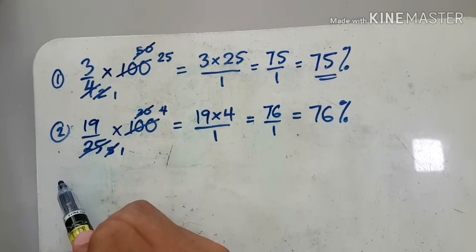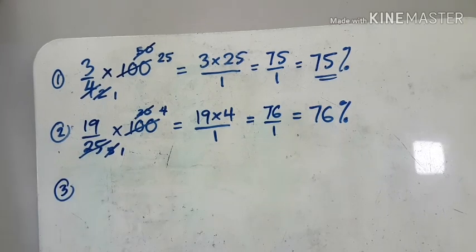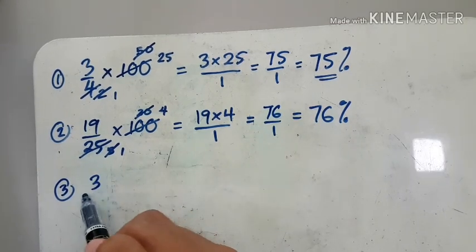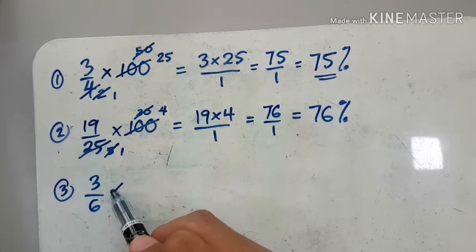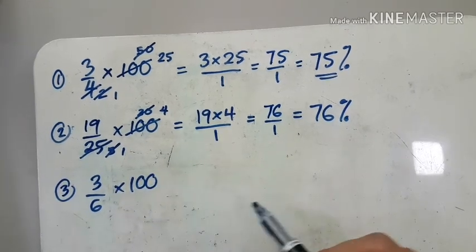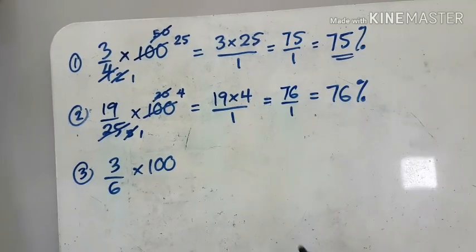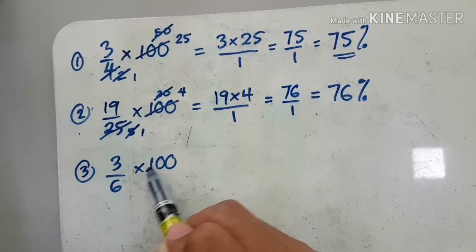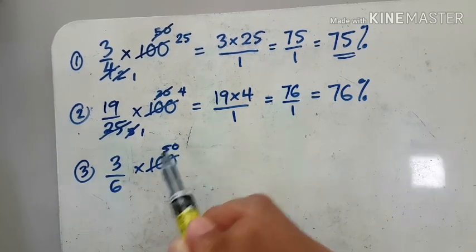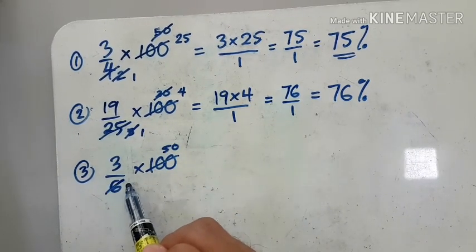Now, number 3. 3 on 6. So we multiply by 100. 100 you can divide by 2 to get 50, and 6 divided by 2 to get 3.